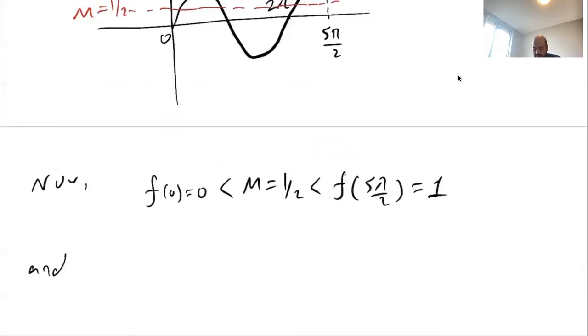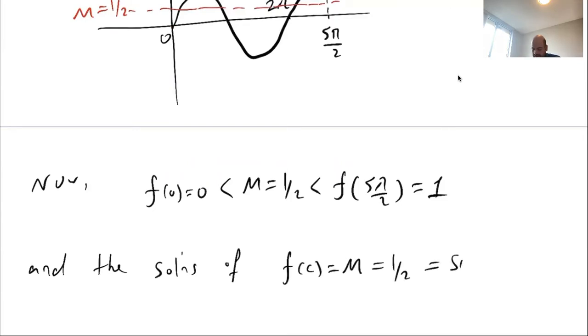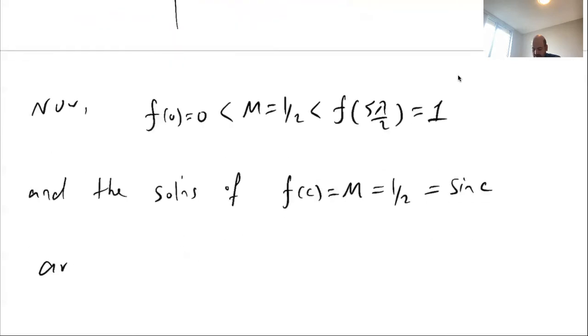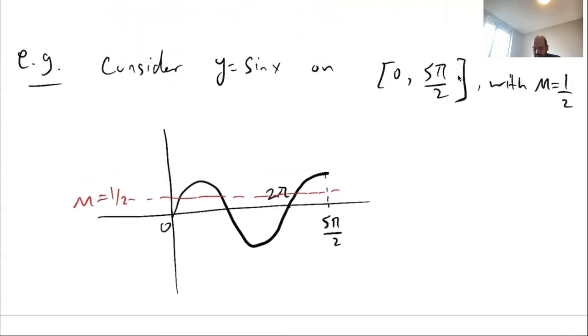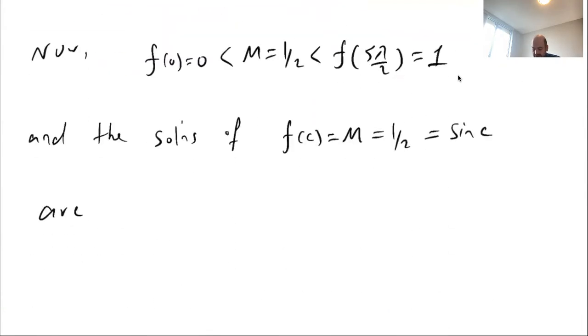And the solutions of f of c equals m equals 1/2 equals sine c are which solutions? As you can see in the picture, this intermediate value crosses the graph at more than 1 point. So we have more than one c value. I could call these c1, c2, and c3.